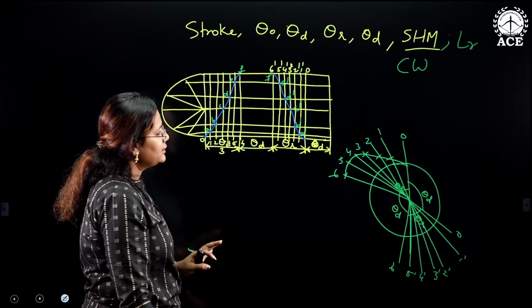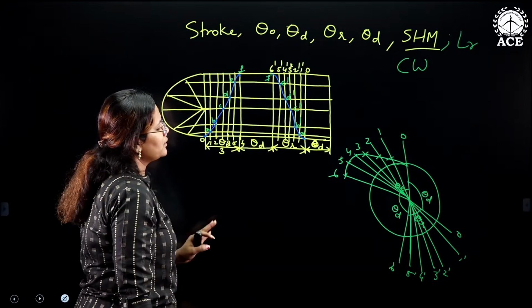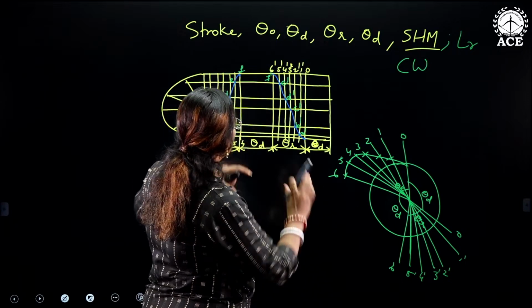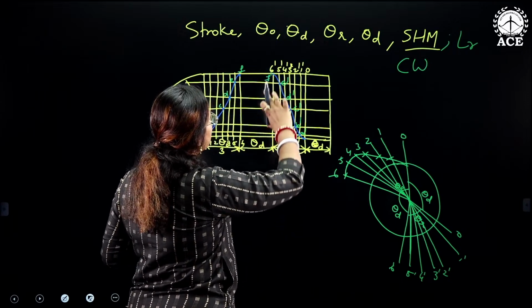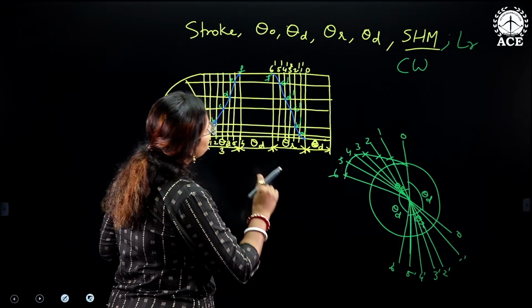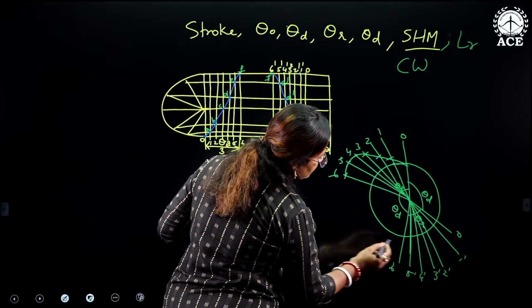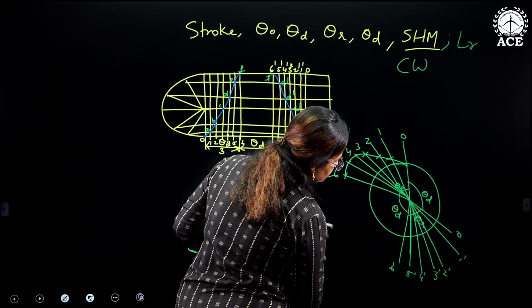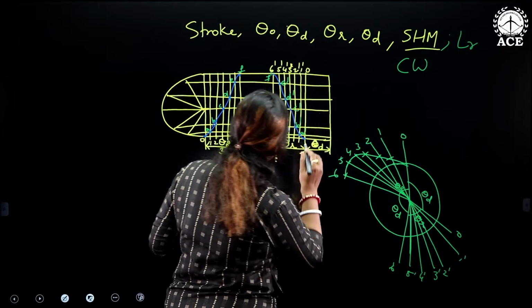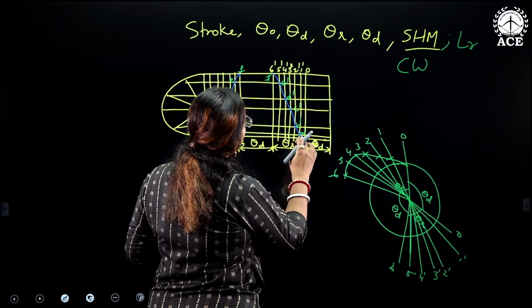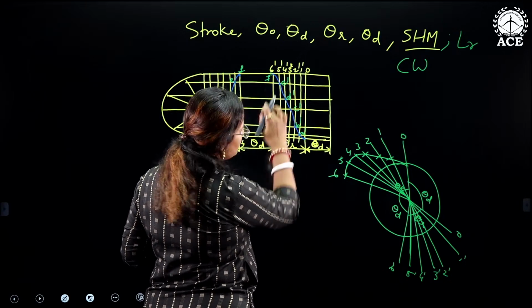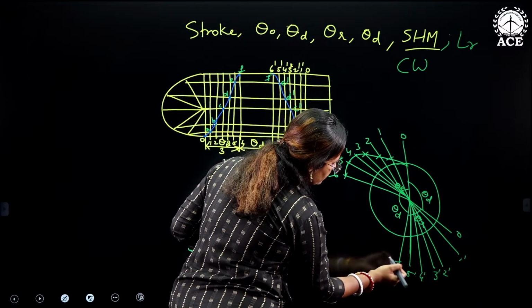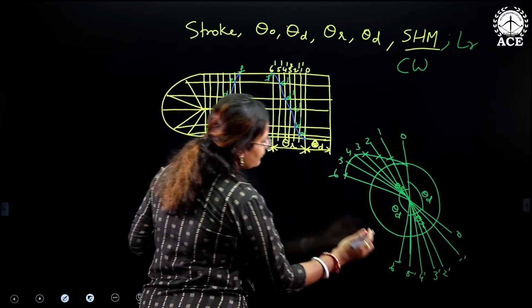Leave it like that. Coming to the return stroke part, what happens here? From the sixth line to F, the same distance over here, from the bottom till here.